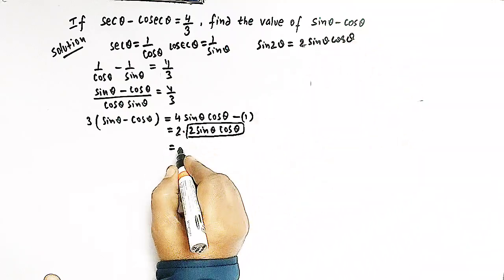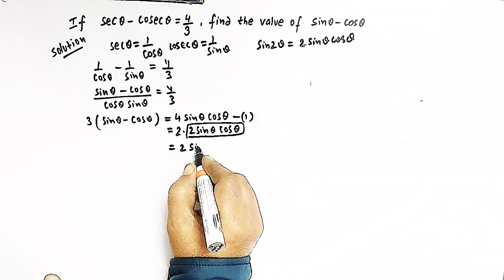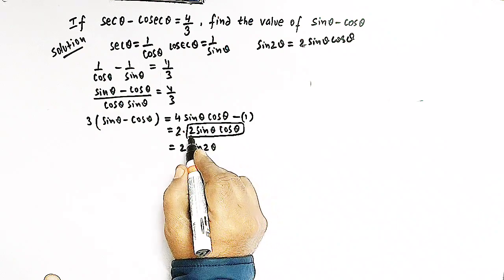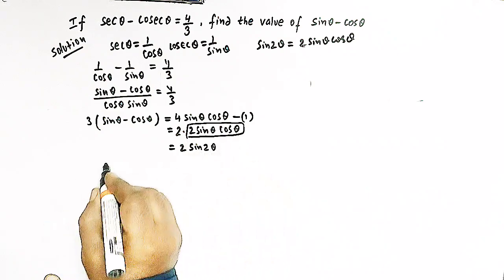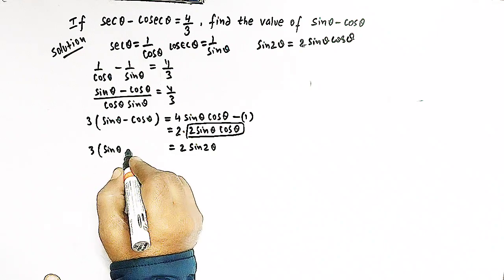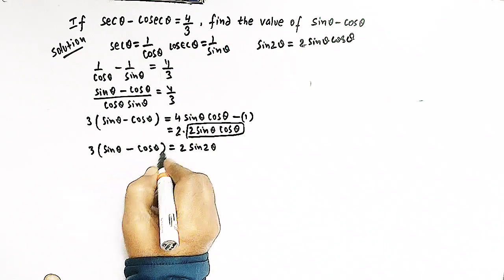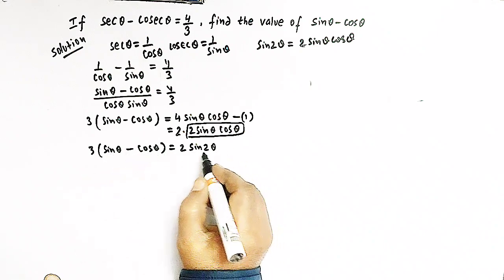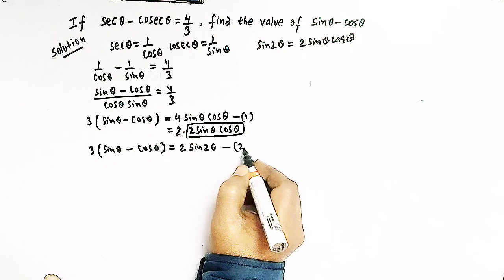So we can write 2 times sine 2 theta for 2 sine theta cos theta. So now we have this expression, that is 3 times sine theta minus cosine theta is equal to 2 sine 2 theta.